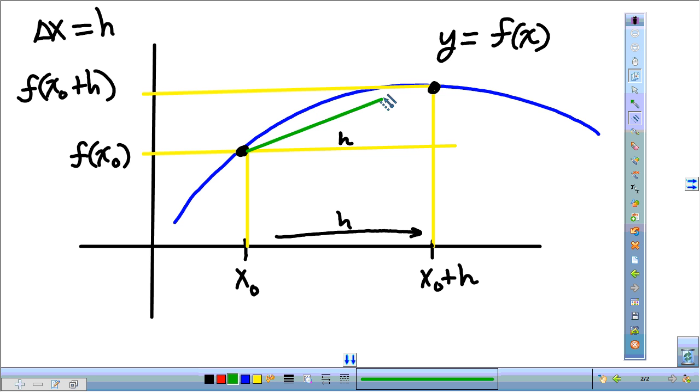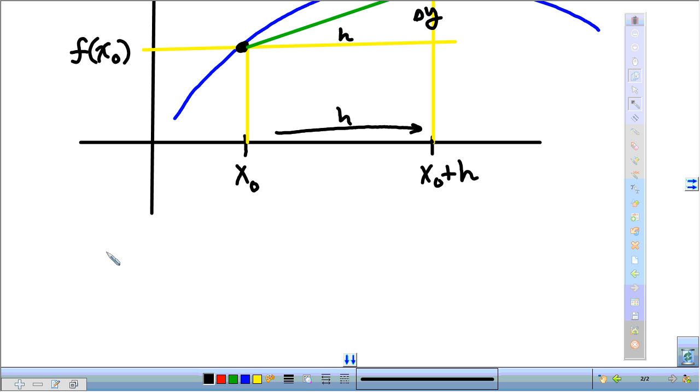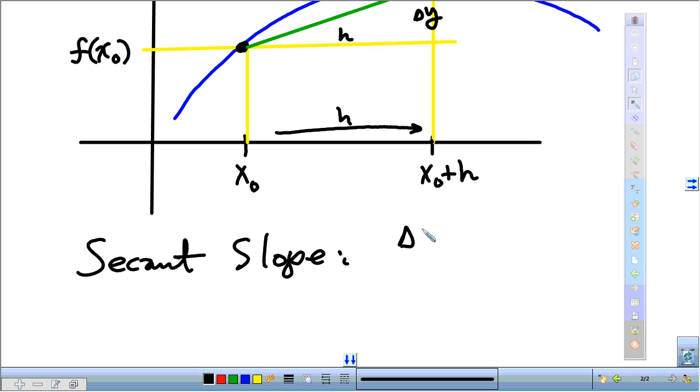So if we take a secant between the 2 points, we get a straight line. And so we have this hypotenuse of a triangle that has change in y over the change in x. So change in y over the change in x. We have change in y over, I've relabeled change in x as h. What about the change in y?